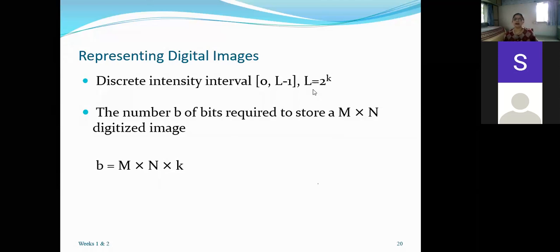And if I use 8 bits per pixel, how many intensity levels are possible? How many gray levels can we represent? If K is 8, meaning I'm using 8 bits per pixel, please type your answer in the chat box.